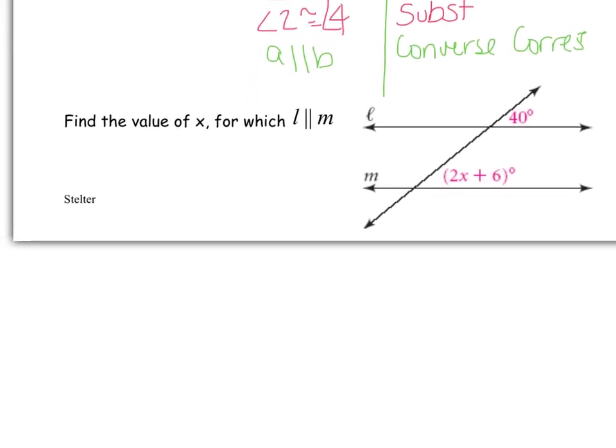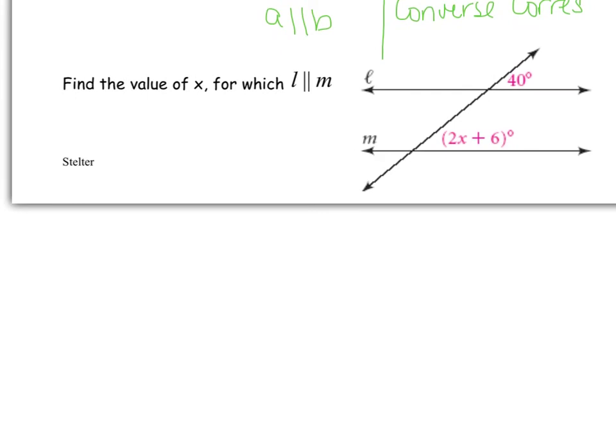Alright, so I think that's done for proofs. Let's do one of these algebra problems. Find the values for x which make L parallel to M. So if L and M are parallel to each other, then that means that you can use those special angle relationships. So first identify their relationship. Hopefully you're thinking corresponding.